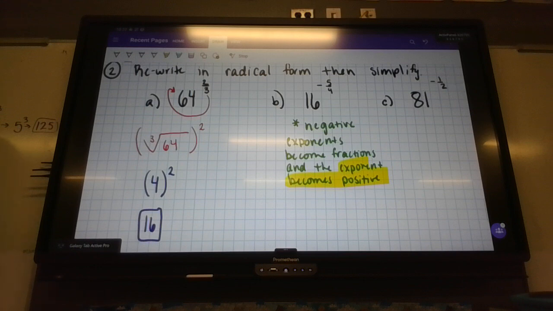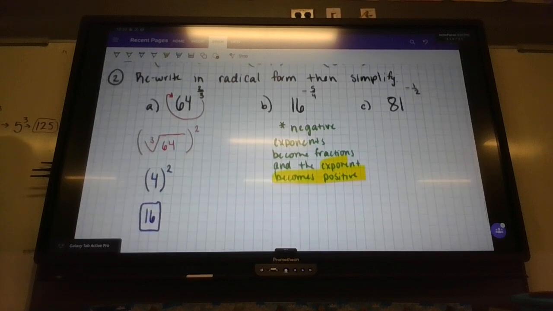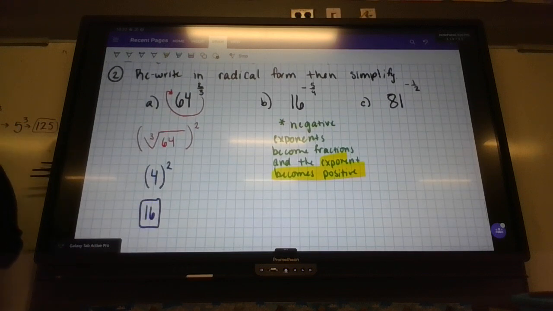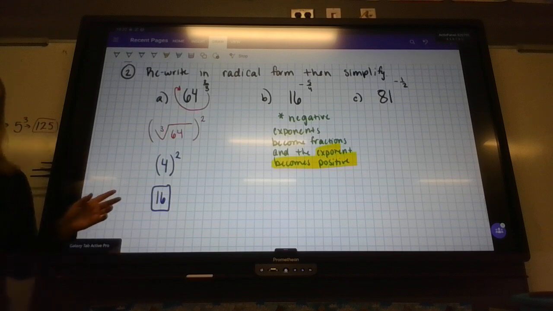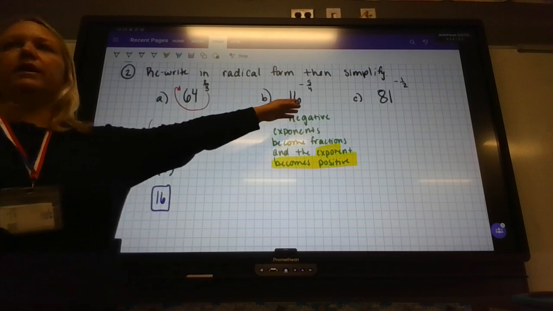All right, Liam, you're on number 2. What do we do for number 2? Yeah, letter B. Okay. There's something extra going on in this one that hasn't been going on yet, and it's negative.